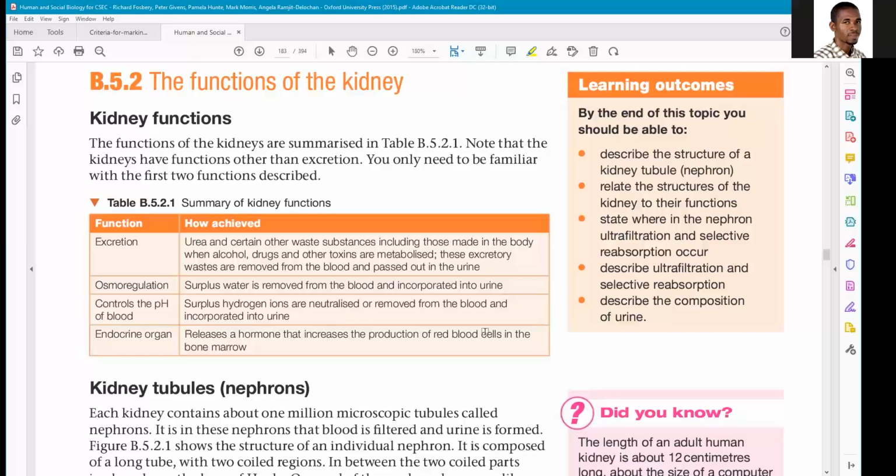Kidney functions. Sometimes you do a blood test, and they check liver functions and kidney functions. What they actually do sometimes is check the levels of certain substances that are excreted by the kidney. There's a tolerance, which means a lower level and an upper level between which these substances should fall.